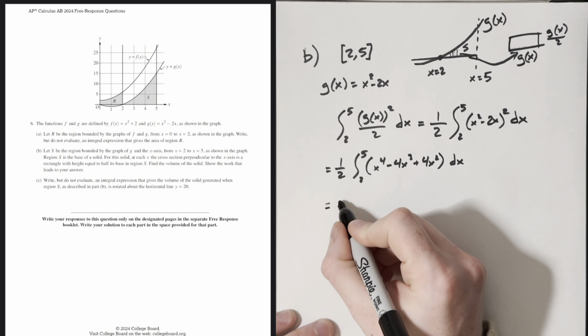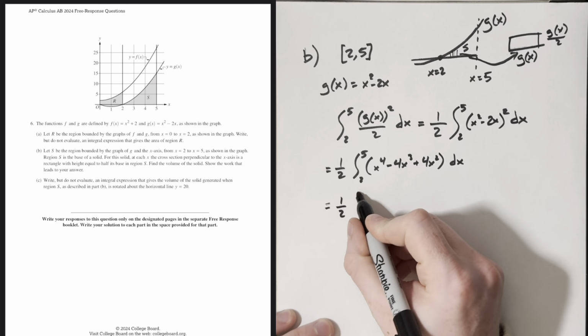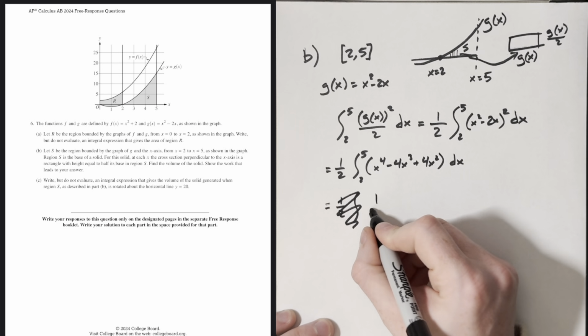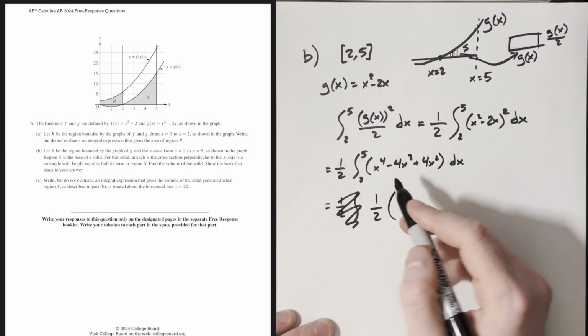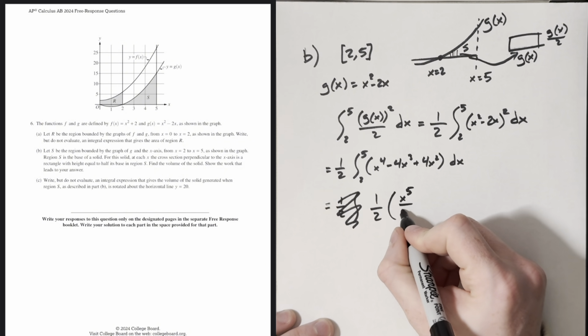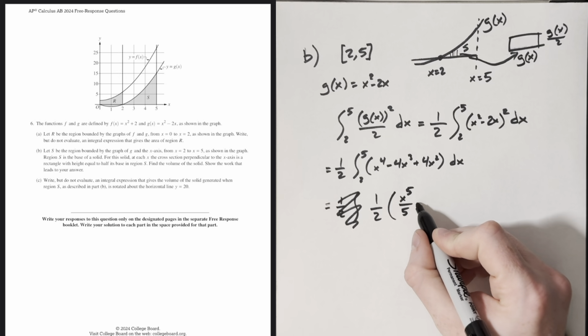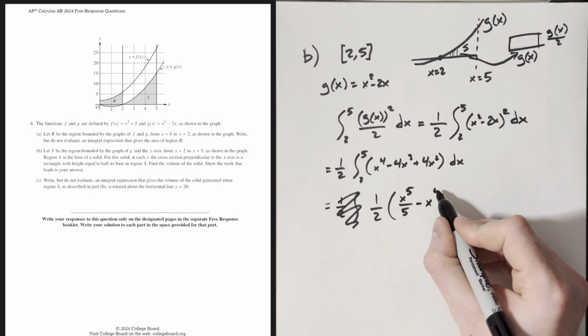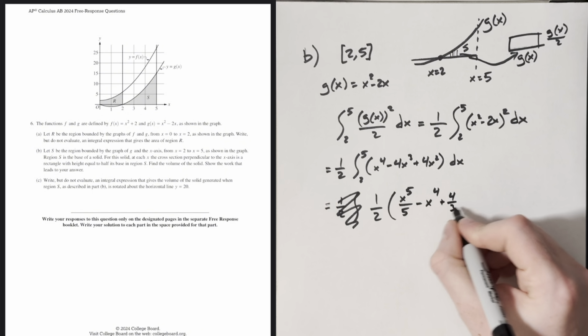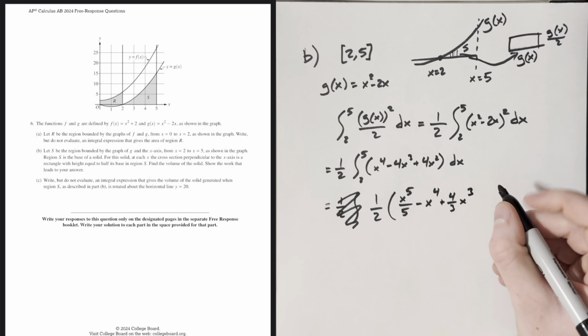So this will equal 1/2 times the integral, or actually we're going to go ahead and integrate it. So 1/2 times, let's integrate this polynomial. That gives us x to the 5th over 5 minus x to the 4th plus 4/3 x cubed.